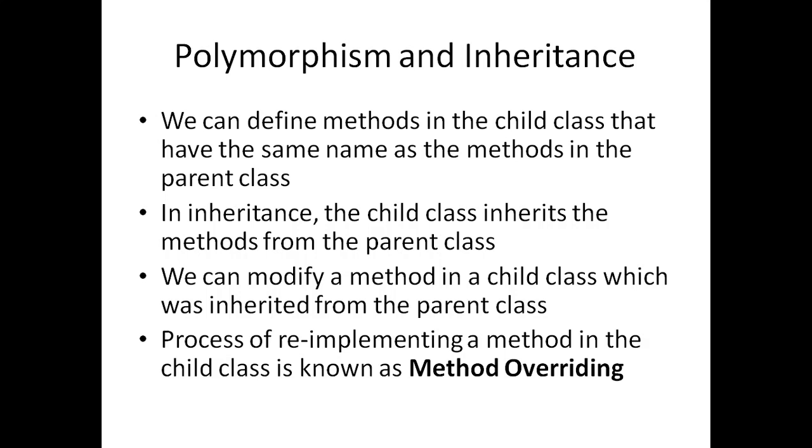So what is method overriding? If we have a method in the parent class and we inherit the same method in the child class, and if we modify or re-implement that method in the child class, then it is known as method overriding. Okay.